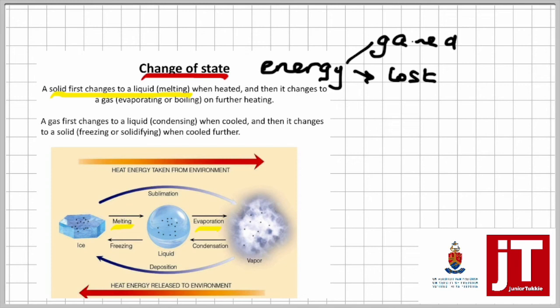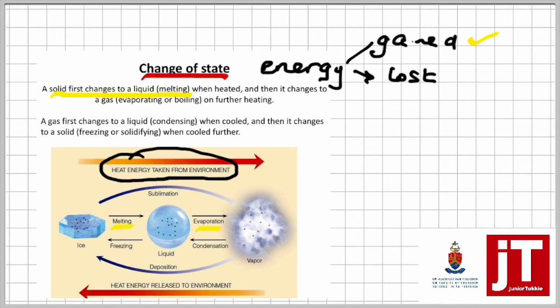So the little black speckles over there are now showing the water particles far apart, moving completely freely. In order for that process to have taken place, we needed heat energy to be taken from the environment. So we had to provide heat energy. In this case, heat was gained so that the state could change from a solid to a liquid to a gas or a vapor.